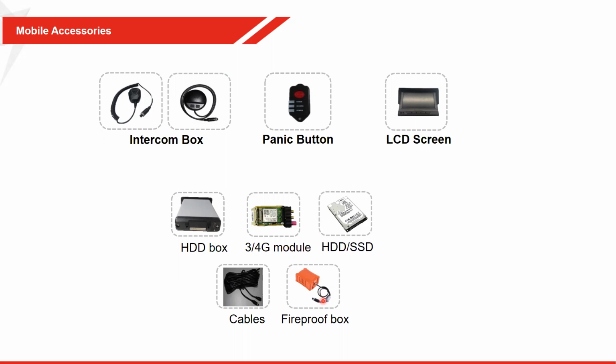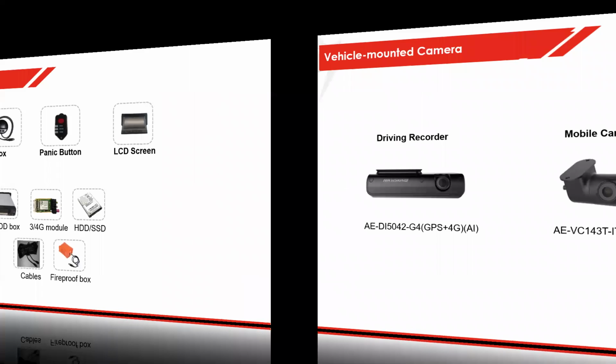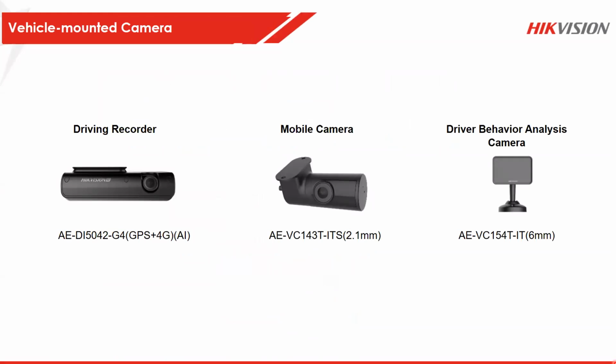So, for your much more robust type of vehicles, like your cash in transit vehicles, where the vehicles get bombed and rolled over and end up in fires and such, this fireproof box will work very well, and some different types of cabling that can be used.